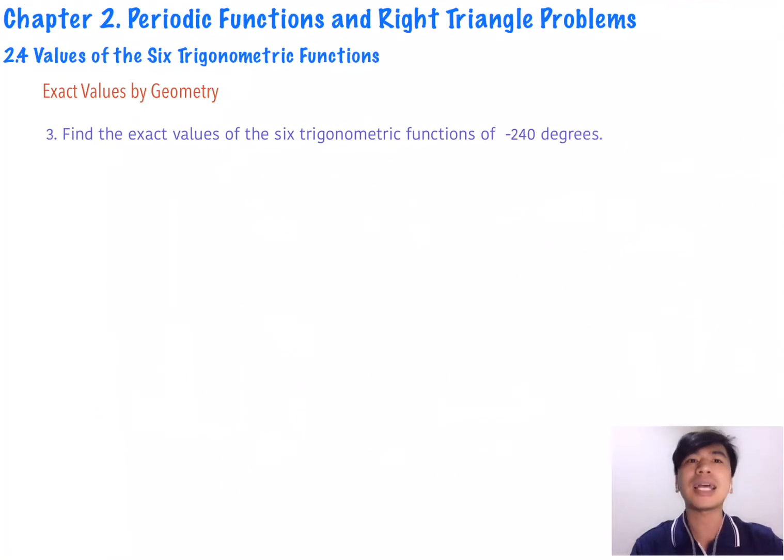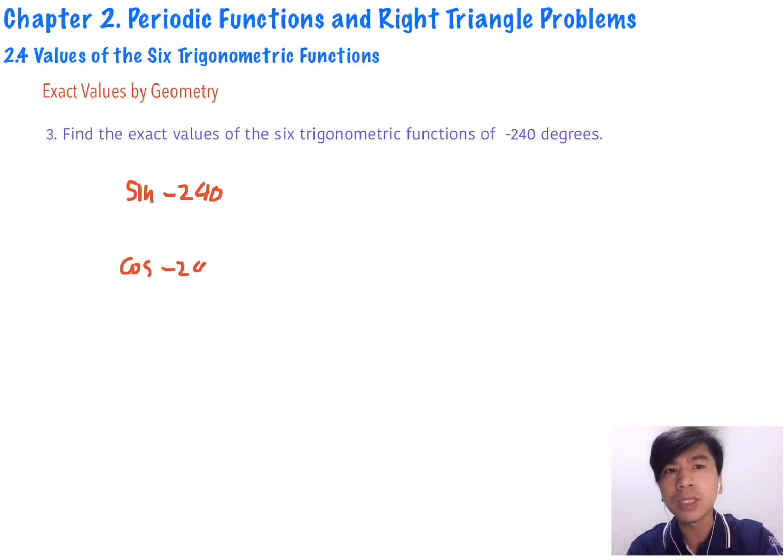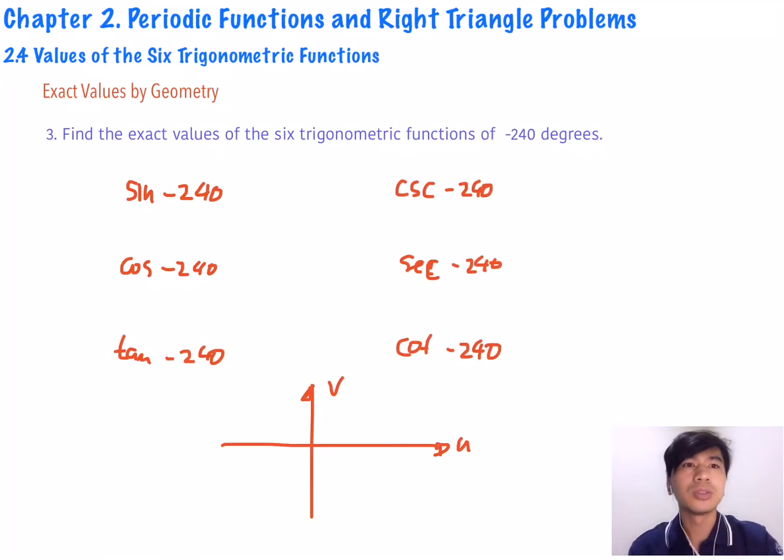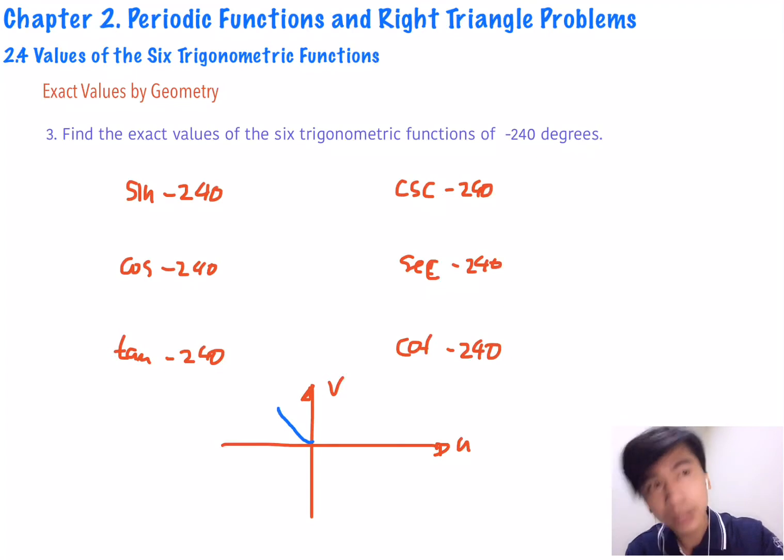Let's get to the last one, which is this one. Find the exact value of the 6 trigonometric functions of -240 degrees. So I think this is quite easy. Sine of -240, cos of -240. To save our time, -240 degrees will be over here on the second quadrant.